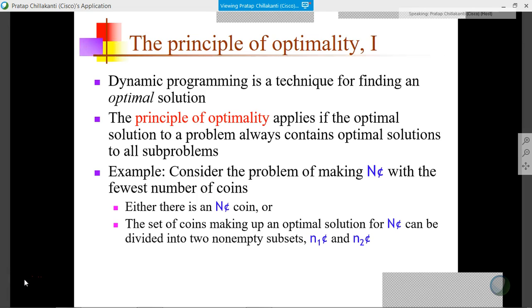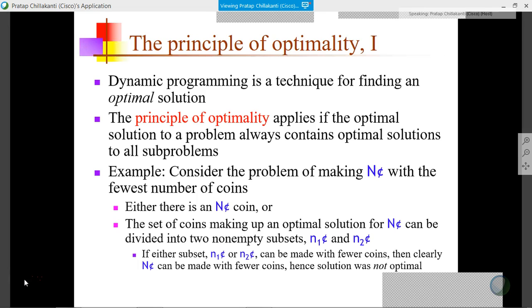If you add those two, it will come to N. So both N1 and N2 are also optimal solutions. That is what that principle of optimality says. So if either subset of N1 or N2 can be made with fewer coins, then clearly N cents can be made with fewer coins, and hence the solution was not optimal. So he's proving it by contradiction. Okay.